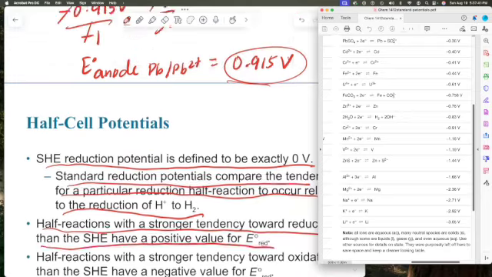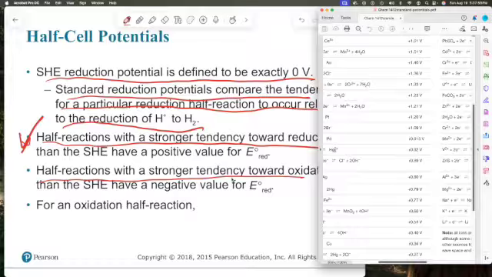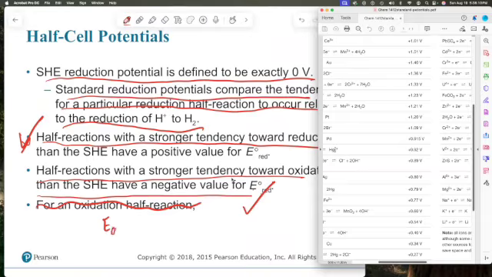Then half reactions with a stronger tendency towards oxidation than hydrogen have a negative value for E reduction, okay? I think I defined this earlier, saying for an oxidation reduction, E of the anode is equal to negative E of the cathode, right? So I mentioned that earlier, so we can move on from here.